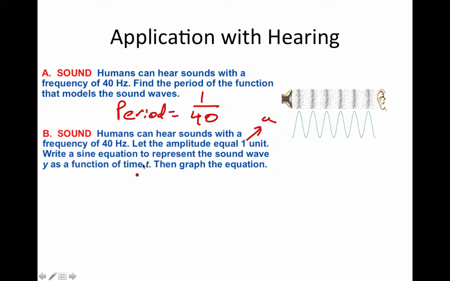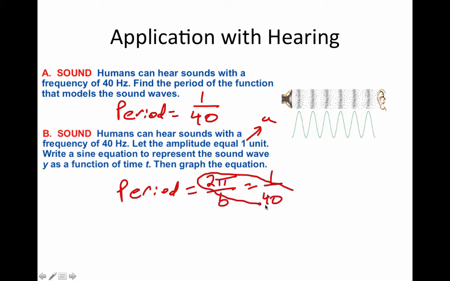When we do problems like this, we generally use radians. So if the period is 1/40th, if the period is equal to 2 pi over b, 360 over b, and that's 1 over 40. Can we cross multiply and solve this for b?